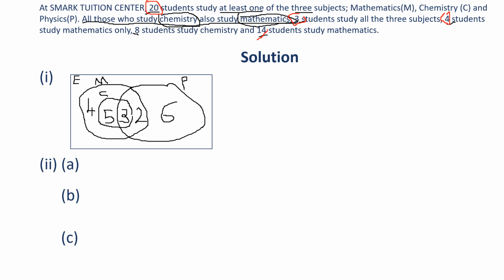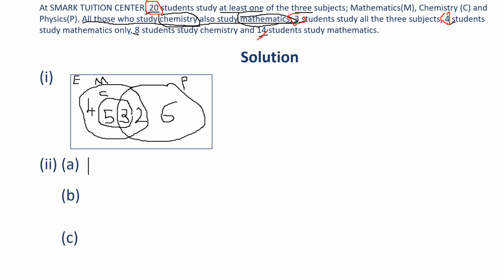Question 2. We are told to find how many students study physics only. Those who are studying physics only, that is question 2a. So physics only.